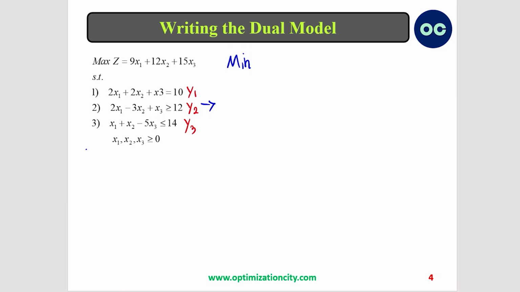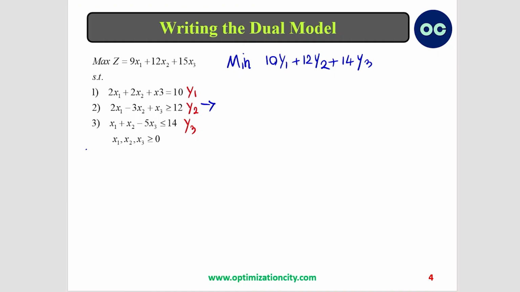The objective function is the right-hand side of the original model times the corresponding dual variable. So we have 10 times y1 plus 12 times y2 plus 40 times y3, subject to. To formulate the first constraint of the dual model, we do the following.